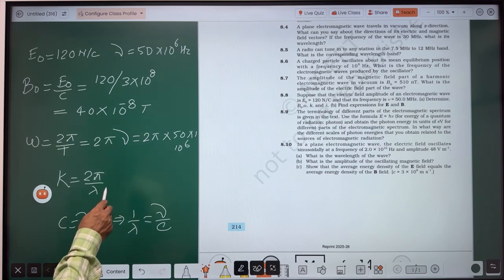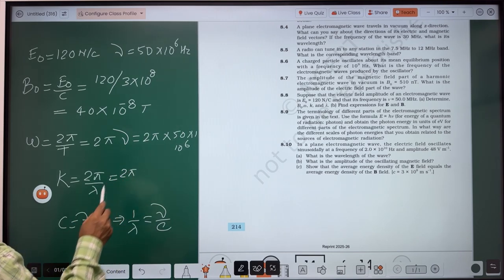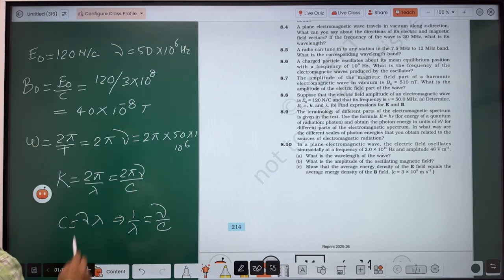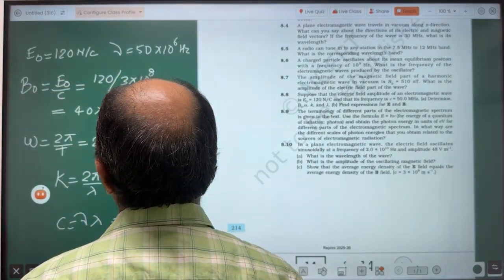So here we need 2 pi, so it becomes 2 pi and then nu divided by C. And 2 pi nu is this much, C is 3 into 10 power 8. From there we can get the value of K. So that is obvious.